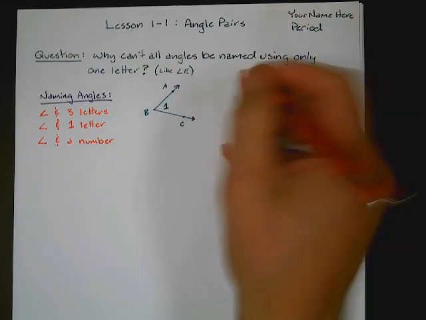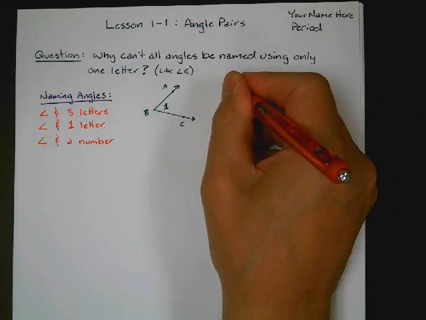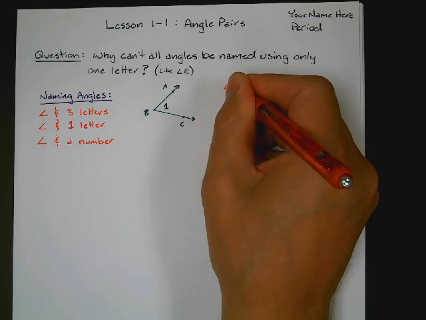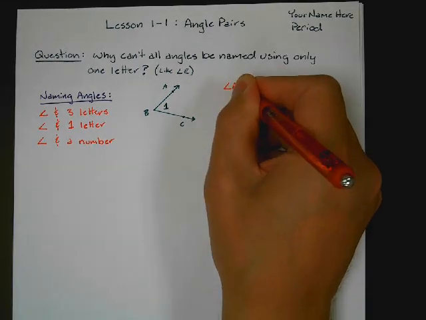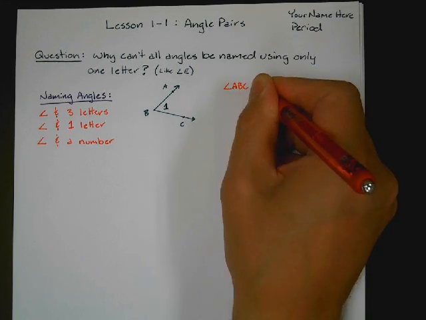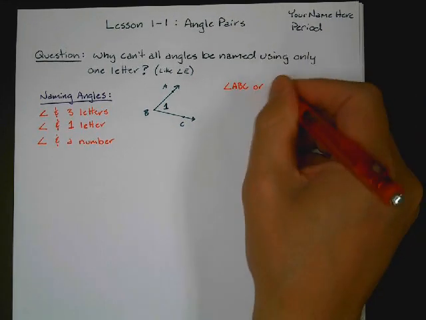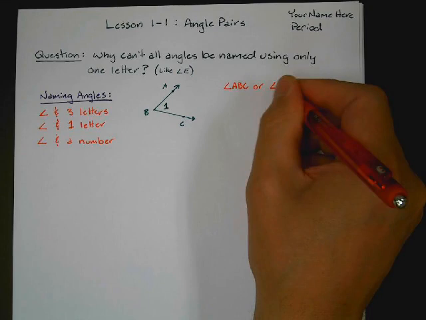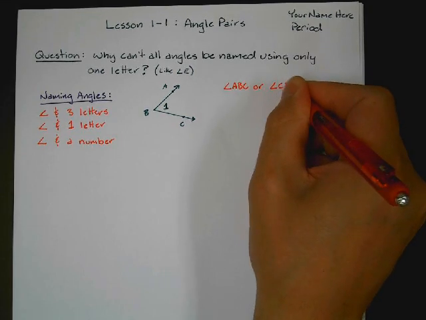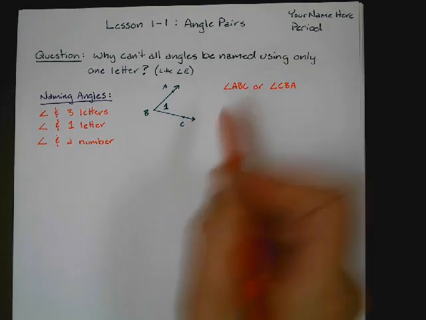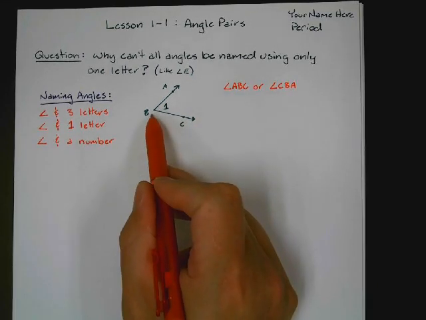Now when we name it with 3 letters, we can name it as angle ABC, or we can name that angle as angle CBA. Now notice that either way that I did it, B was the middle letter.